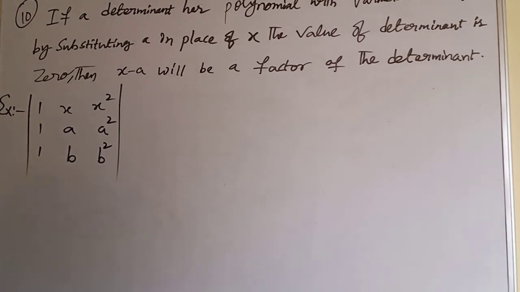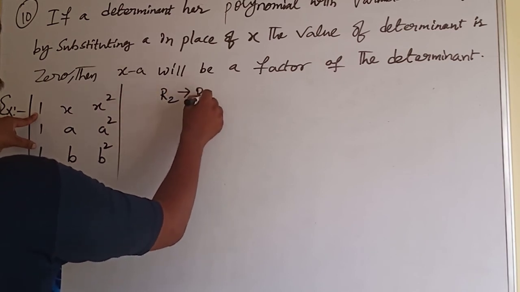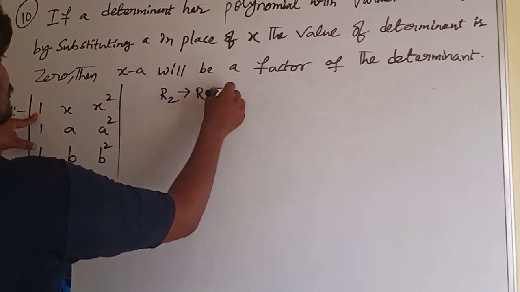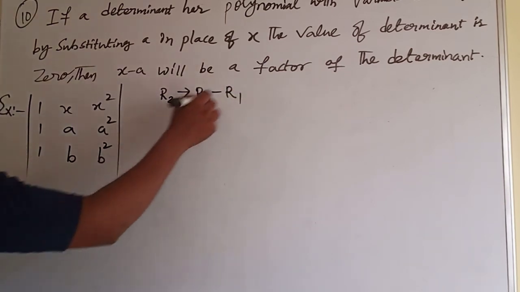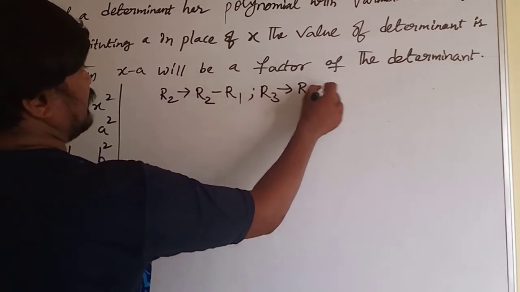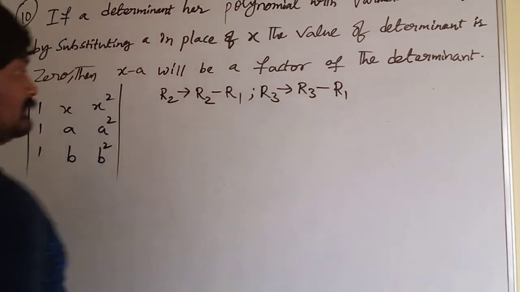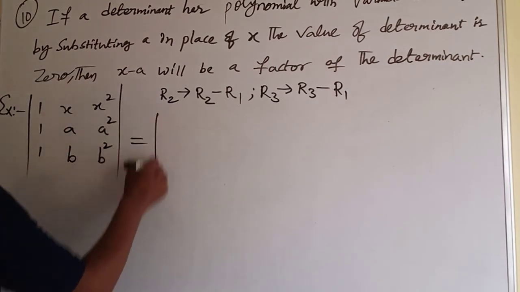The first operation is R2 tends to R2 minus R1. Second one, R3 tends to R3 minus R1. Okay, just substitute so that you can understand.